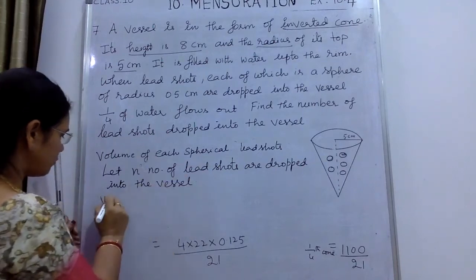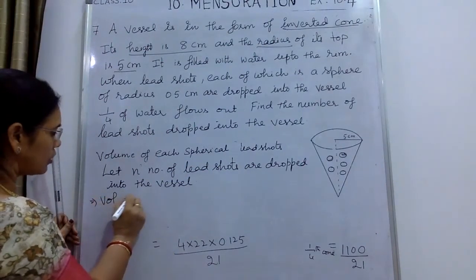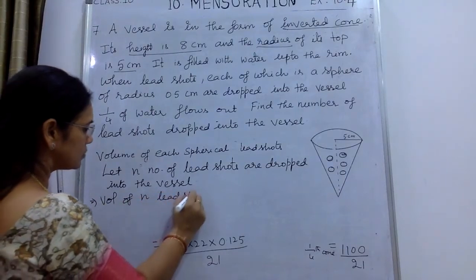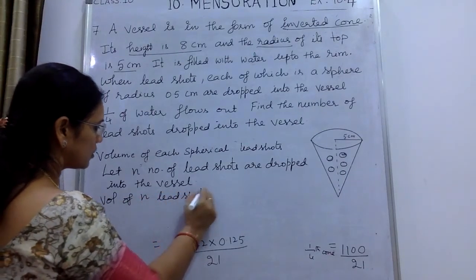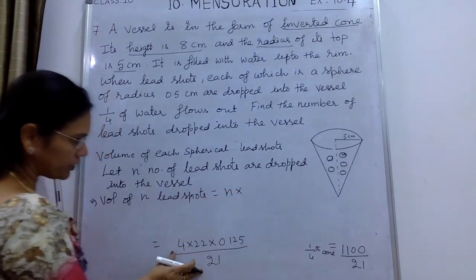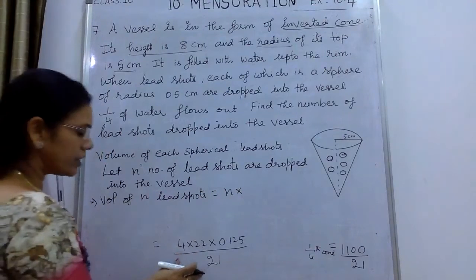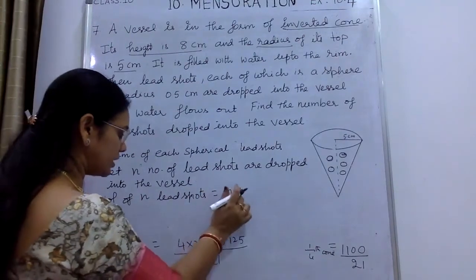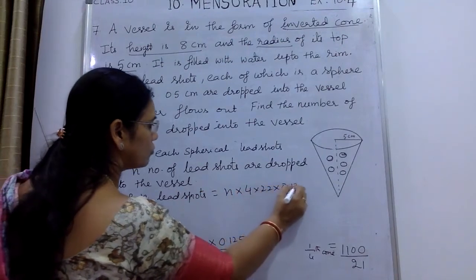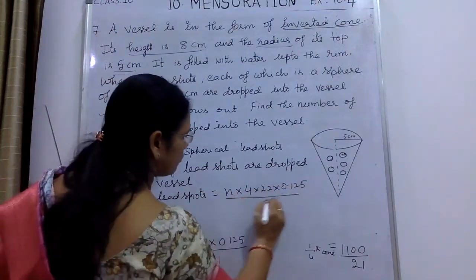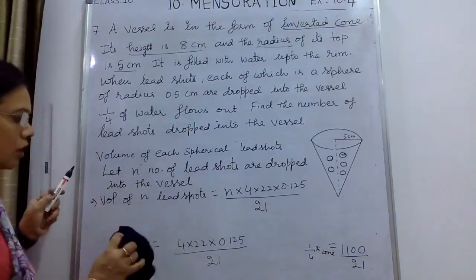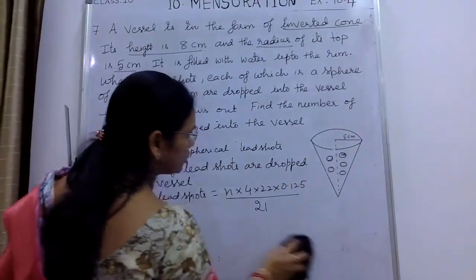So the volume of n lead shards will be equal to n into 4 into 22 into 0.125 by 21, where 4 into 22 into 0.125 by 21 is the volume of a single lead shard. So we found the volume of n lead shards.